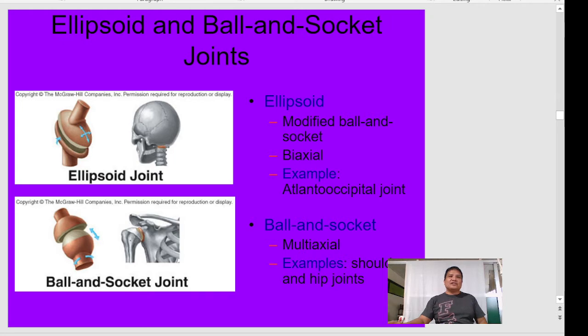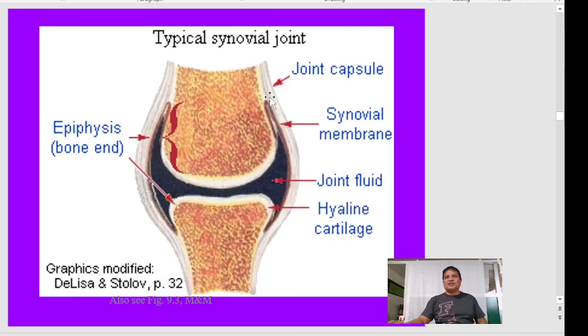Again, all of them are synovial because of the presence of the synovial membrane and the synovial fluid. Usually the synovial membrane only covers the part of the bone which articulates. Here is where we see the synovial fluid.